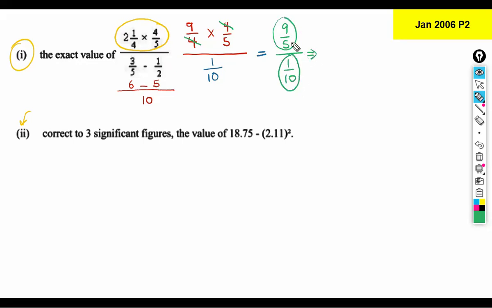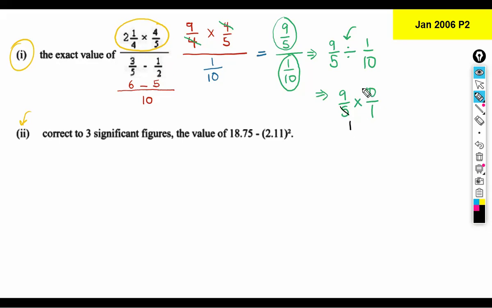Remember in primary school, we'd never write it like this. We'd write it like this, 9 on 5 divided by 1/10. That's a different way of writing the same exact thing. The divide changes to a multiply, and the 1 on 10 flips. So it's 9 on 5 multiplied by 10 on 1.